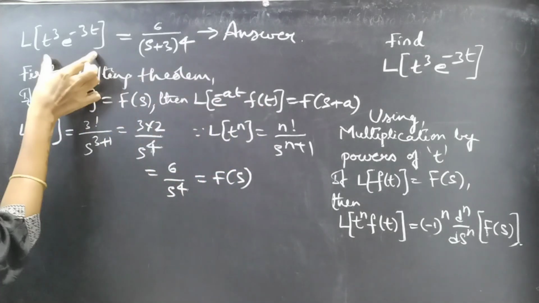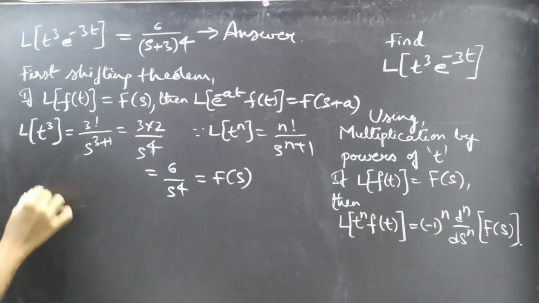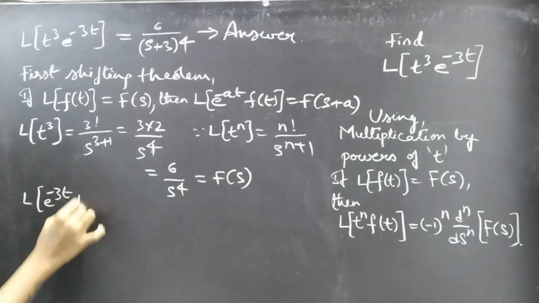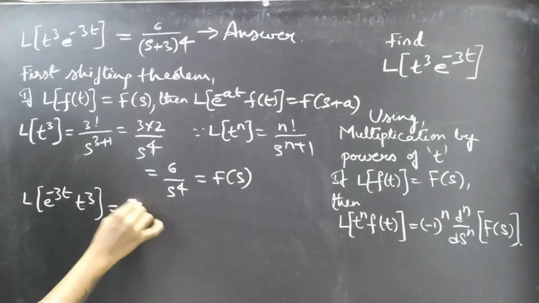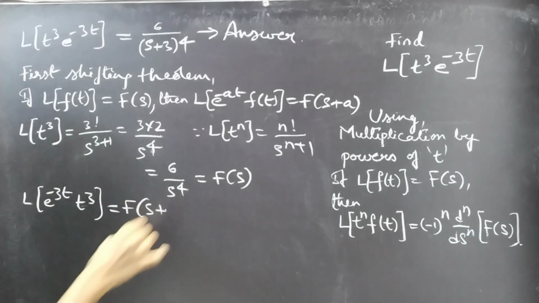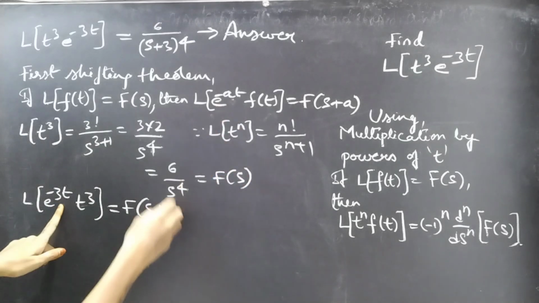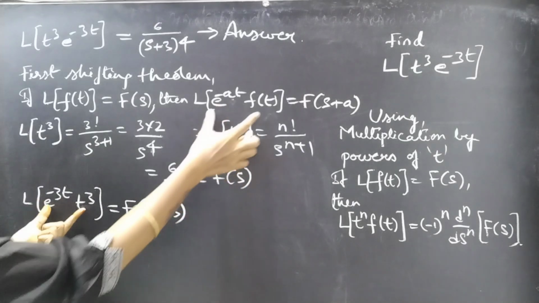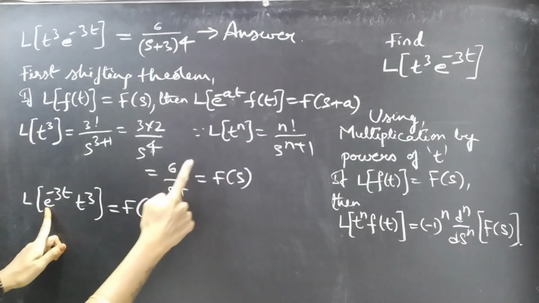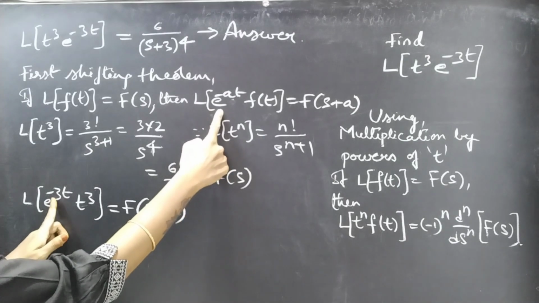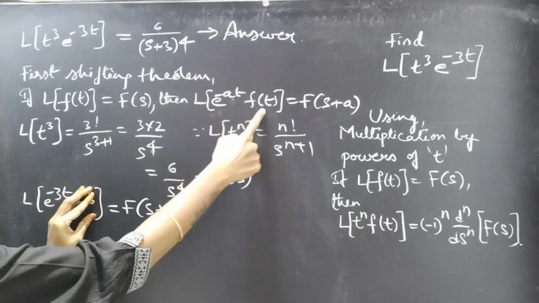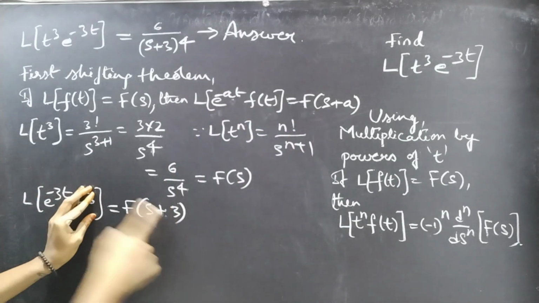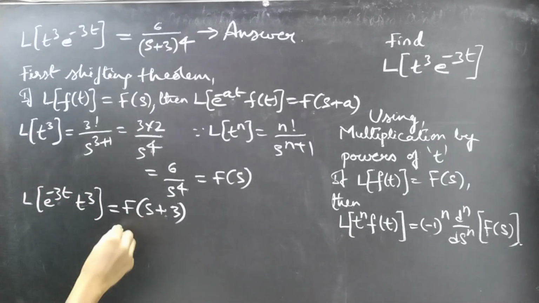Now just compare these two, then we'll get L of e power minus 3t into t cube equal to f of s plus, for a equal to 3, f of s plus 3. Then L of e power minus at into f of t is f of s plus a, right?